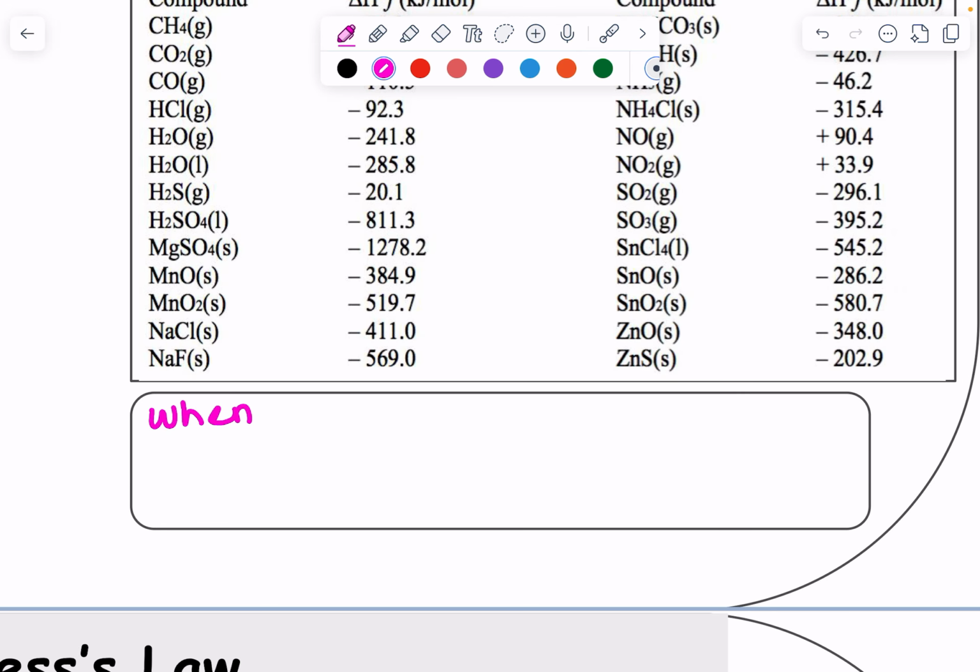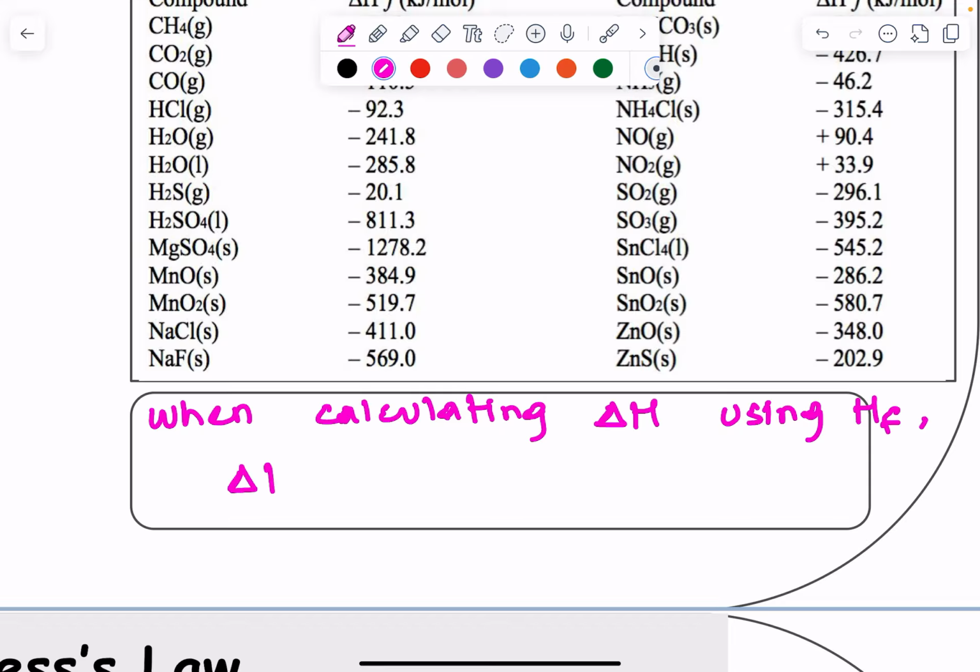Now, because heat of formation is the opposite of bond energy, we can use the same equation, the regular one, which is products minus reactants. So when calculating delta H using the heat of formations, we can say delta H is equal to the heat of the products minus the heat of the reactants.